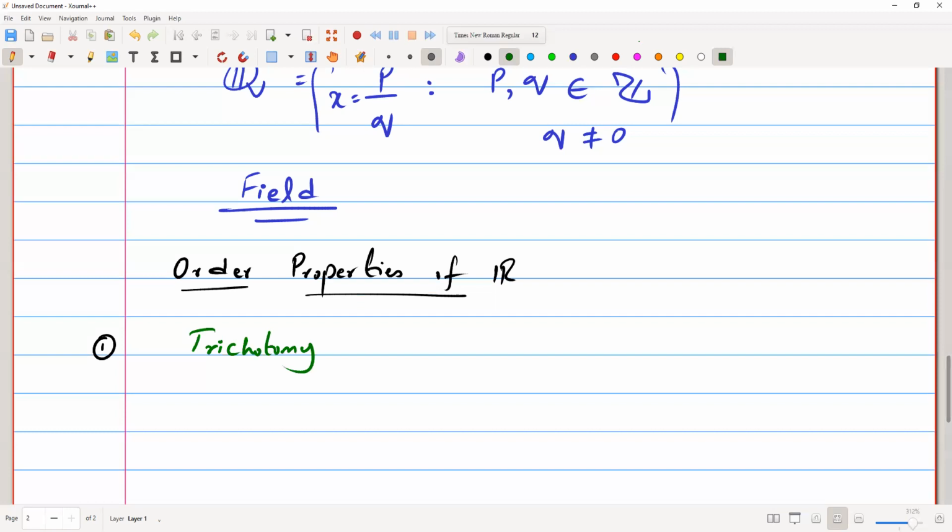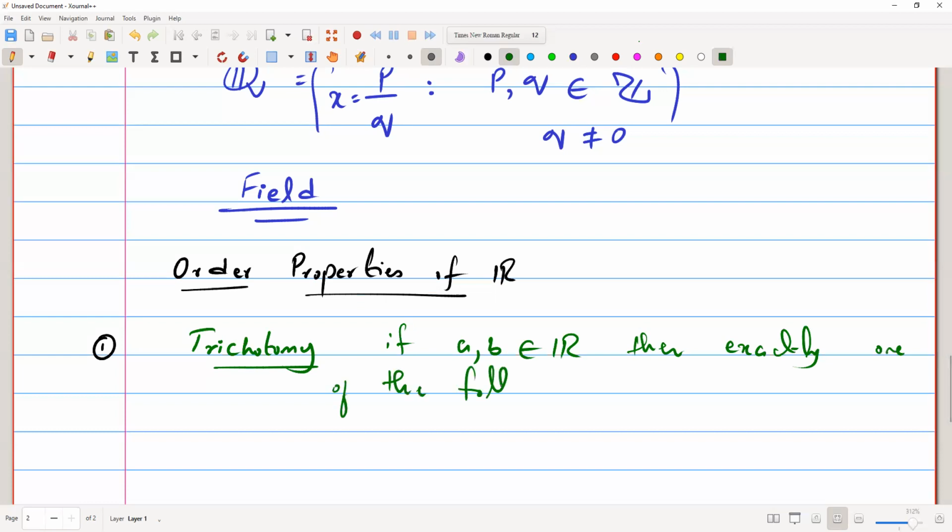So trichotomy says that if a, b belong to R, then exactly one of the following inequalities holds.